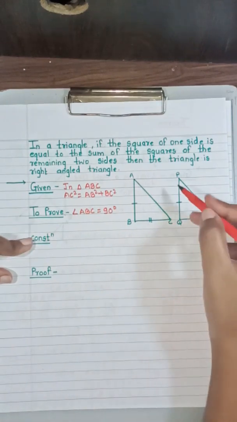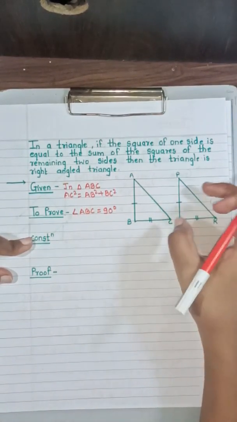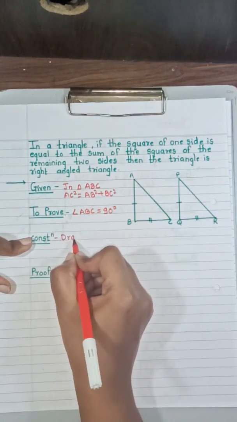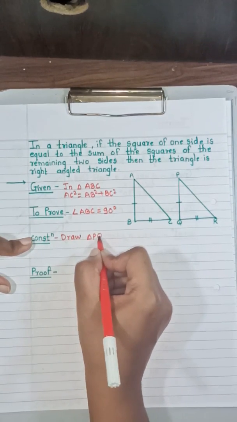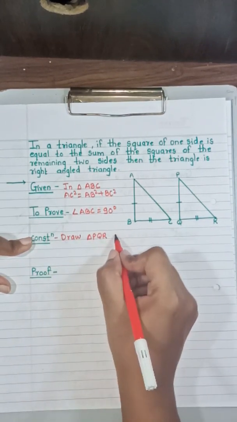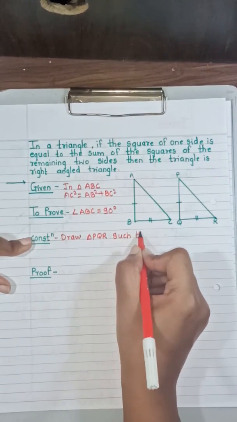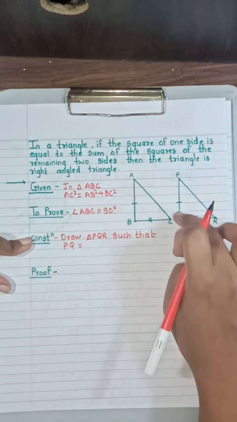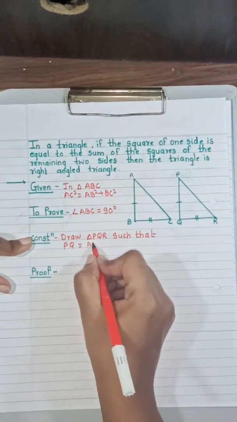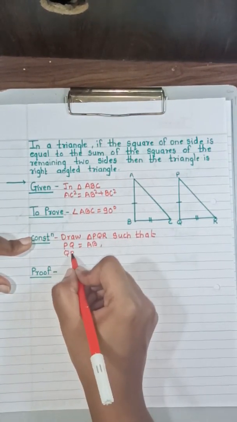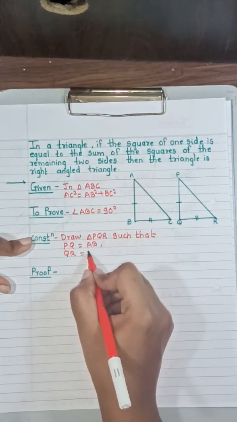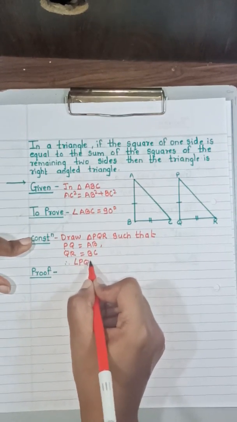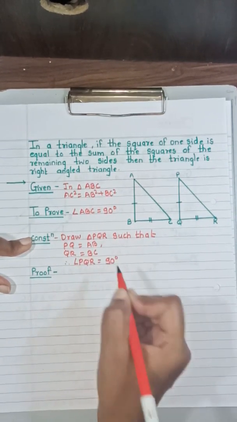Now children, if you see this triangle PQR, this is a part of construction. Okay, so we'll write it down. Draw triangle PQR such that PQ is equal to AB, QR is equal to BC and angle PQR is equal to 90 degrees.